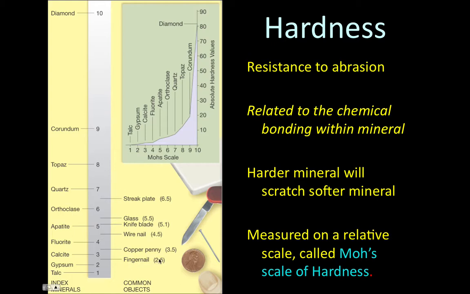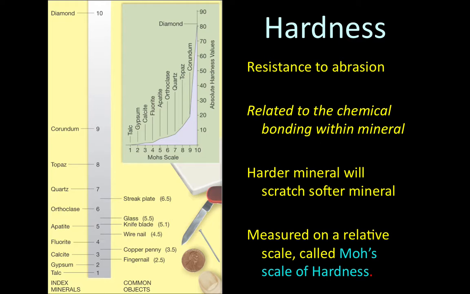Likewise, if you could scratch the mineral with your fingernail, which has a hardness of 2.5, that means your fingernail is harder than the mineral. That means the mineral's hardness is smaller than 2.5, so 2.5 or less.